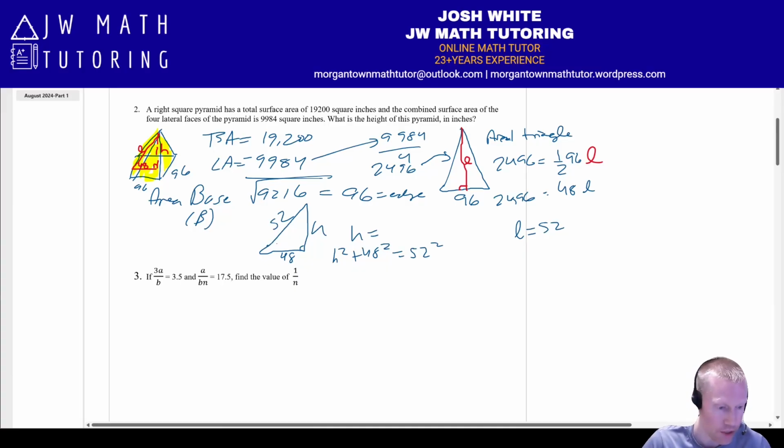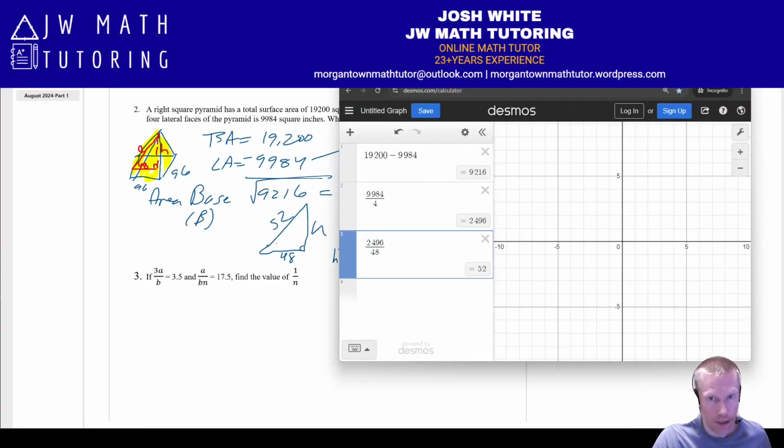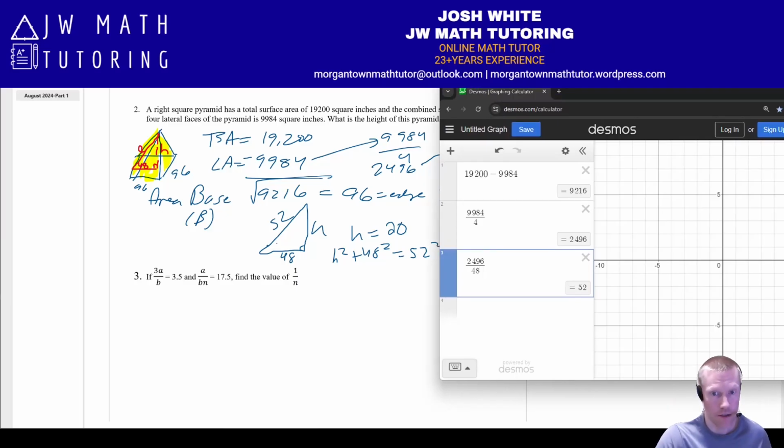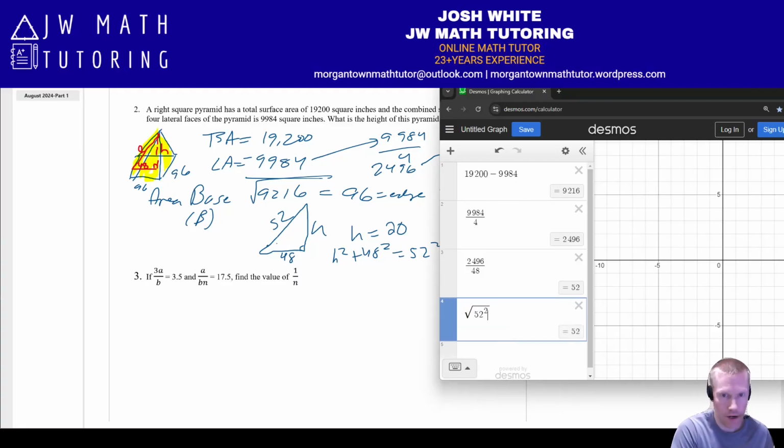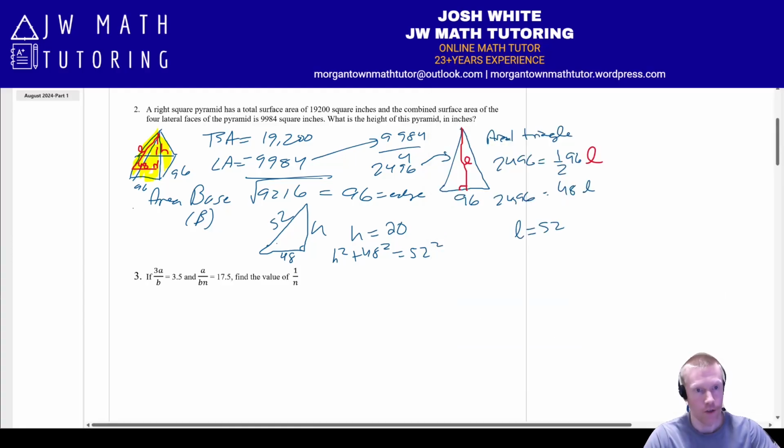I will just tell you that the answer that you get for h, for the height, turns out to be 20. And I'll just show you that we can confirm that in Desmos, because we're basically looking for the square root of 52 squared minus 48 squared. Okay, yep, it's 20. So the height of this pyramid is 20. And that would be your final answer.